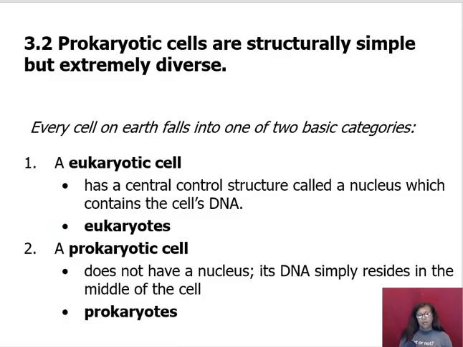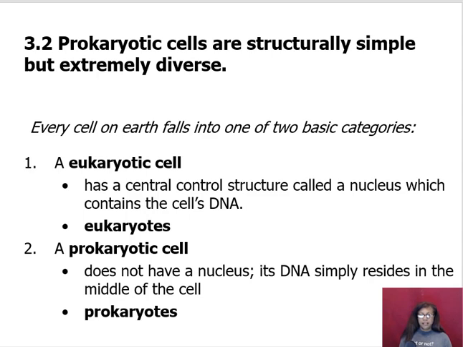So when we look at cells, we actually break them into two basic categories that you need to know. One is prokaryotic cells, and the other category is eukaryotic cells. Now, when you think prokaryotic cells, I want you to think of bacteria, because they are one of the largest components of the prokaryotes.